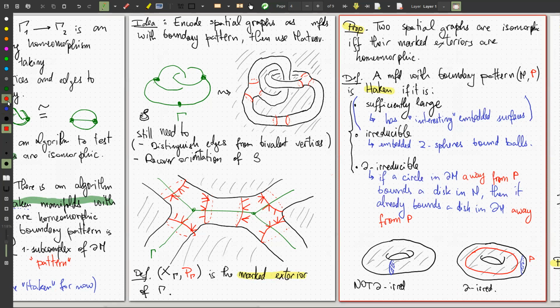I just want to make an additional point: if I change the one on the left and put some marking like so here, another valid, non-trivial disk would now be this one, because this curve here does not bound a clean disk on either side of the boundary.